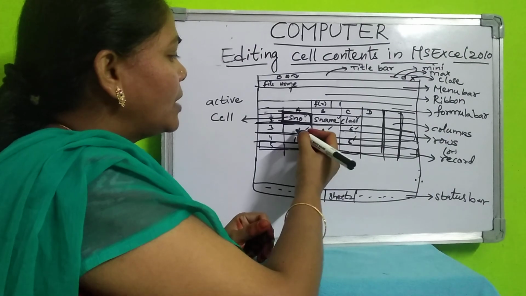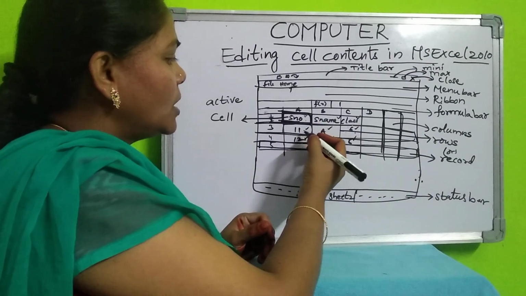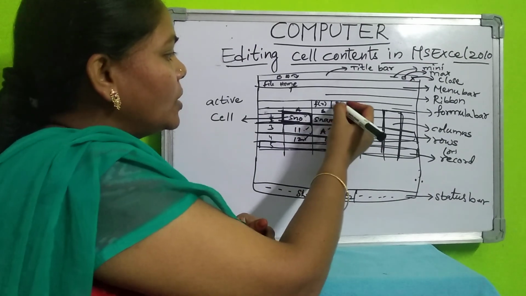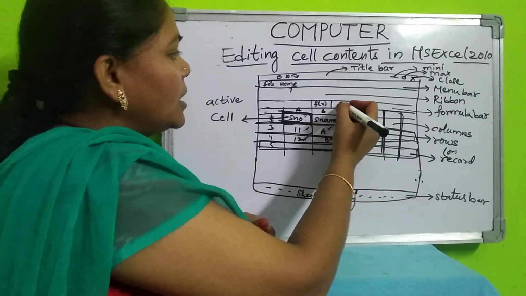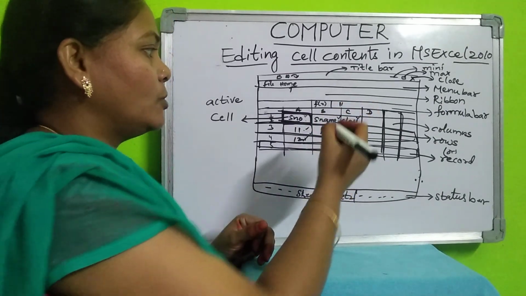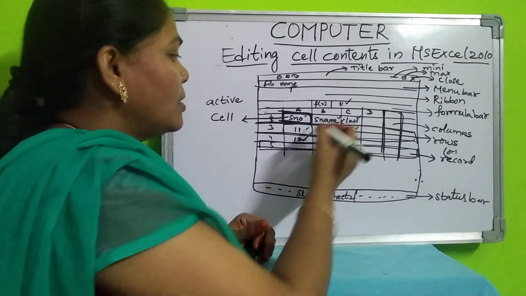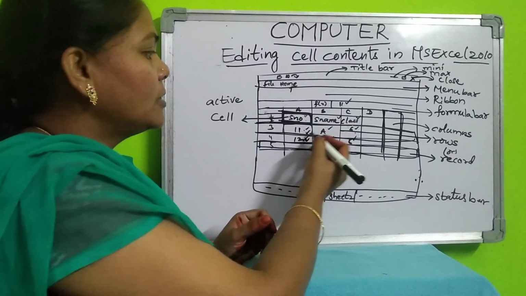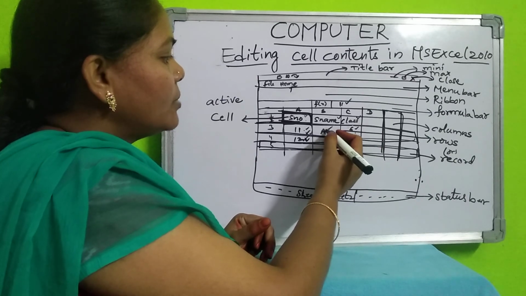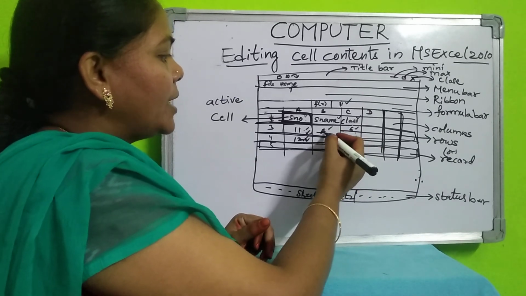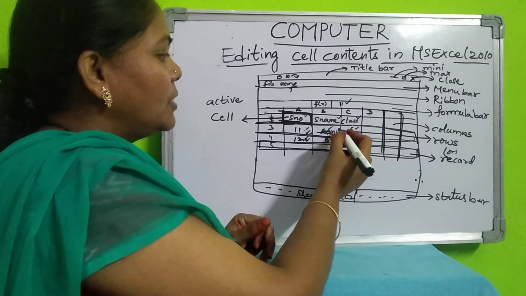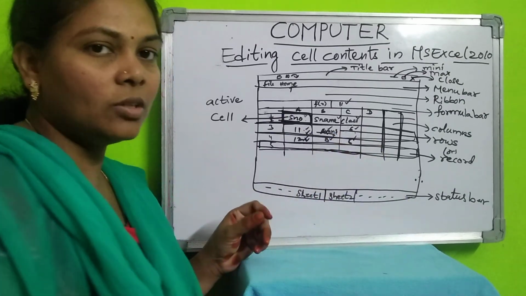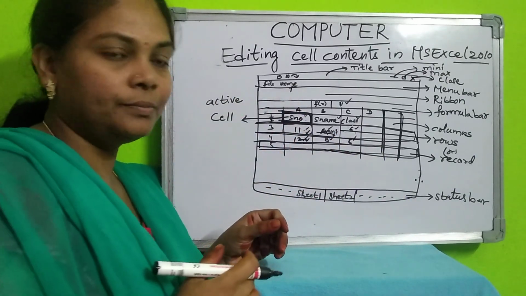You can double click on this cell and write here, or you can click on this and write in the formula bar also. Overwriting means select this and type anything, and that will overwrite the previous value.